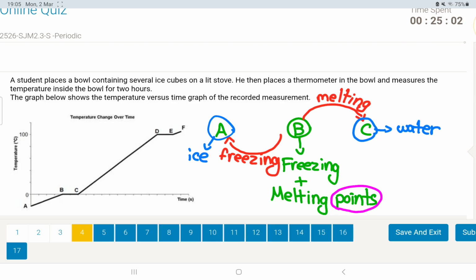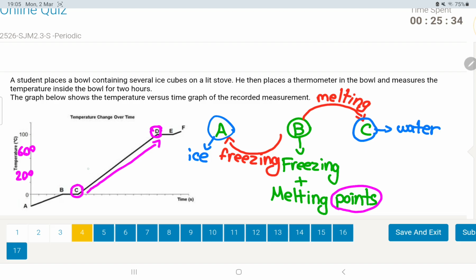Now let's start from C all the way to D. From C to D, what do you expect all this to be? Look here. The temperature is increasing, right? Let's say, for example, here it would be 20 degrees. Let's say here it's 60 degrees as an example, okay? But here it just keeps going and going. Did we reach the boiling point yet?